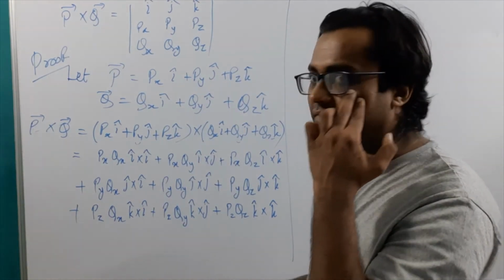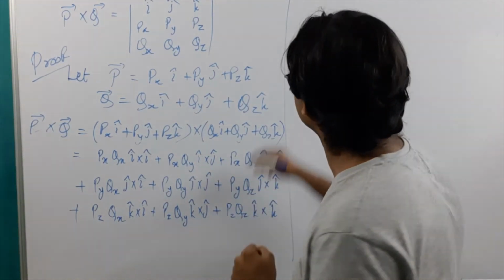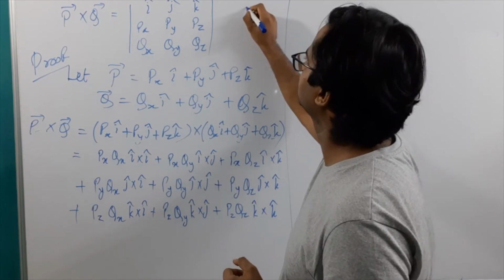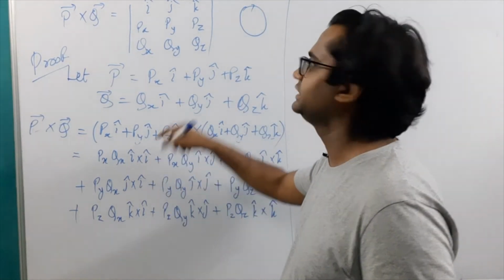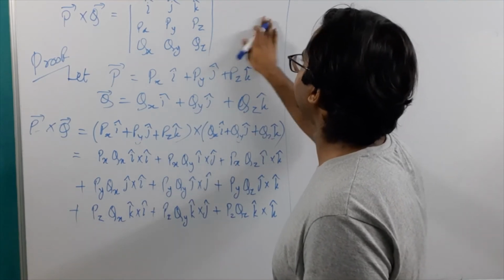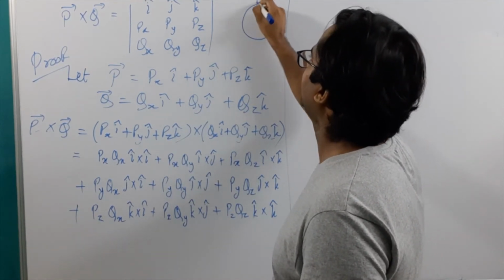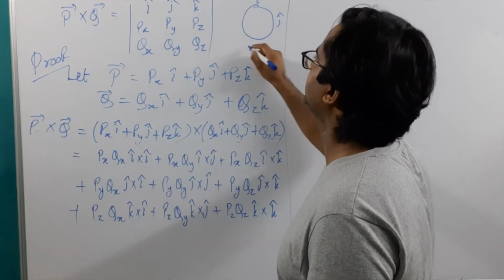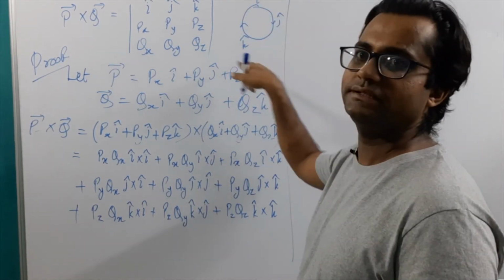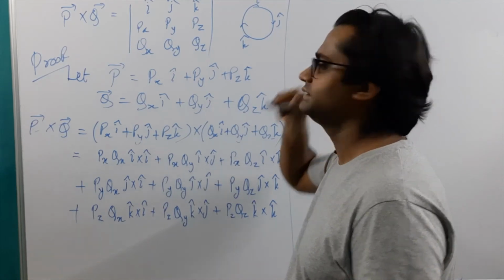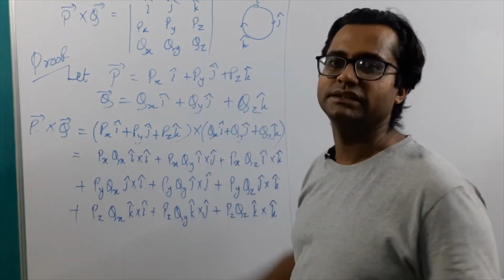Now we know the cross products of these unit vectors. Let us draw that cycle i, j and k. If we go in this direction, then i cross j is k. If we go in reverse, then we get the minus sign.